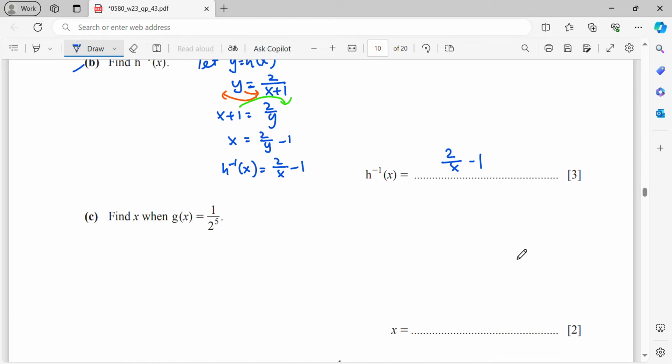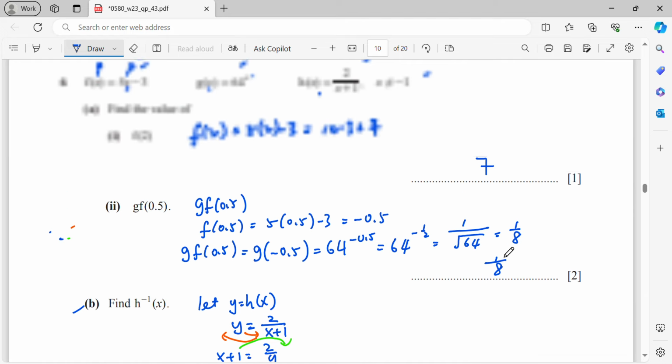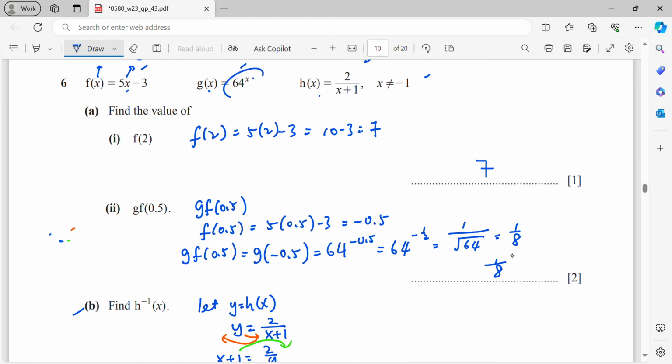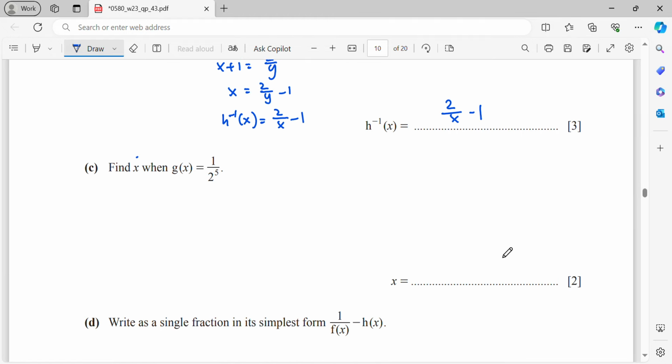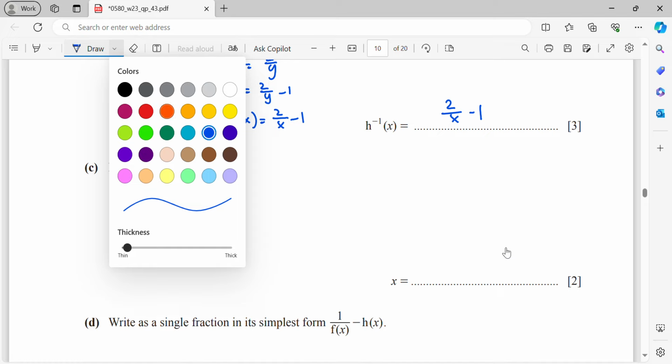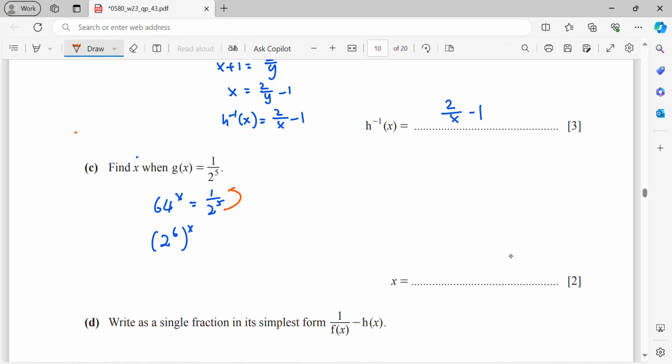Now see, find x when g(x) is this amount. So now g(x) is 64 to the power of x. So I will write 64 to the power of x is 1 over 2 to the power of 5. Now this 64 can be written as 2 to the power of 6. And your 2 to the power 5 is in the denominator, so I can move it up.